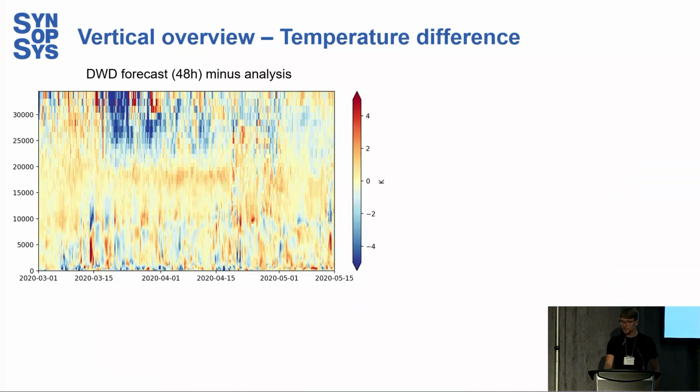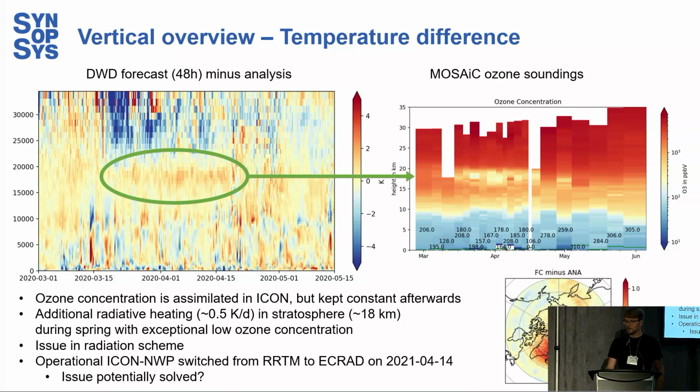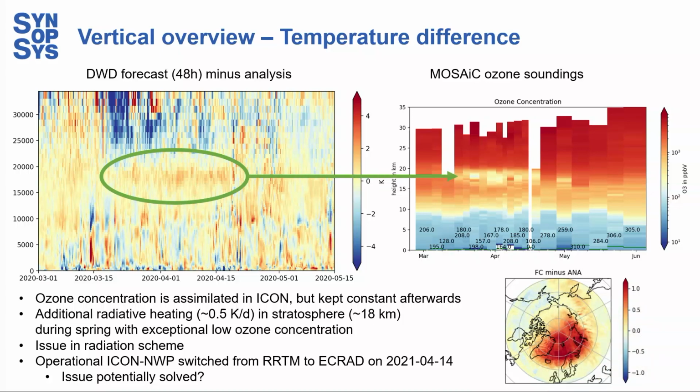But if we take the difference between the analysis and the forecast, it looks like this, and there are also a lot of things inside, but I want to concentrate on one thing, and that's this warm anomaly at about 18 kilometers height. That reminded me of something, because that's really the ozone layer, and that's exactly the time and place where we had this little, I should not call it that, ozone hole over the Arctic during MOSAiC.